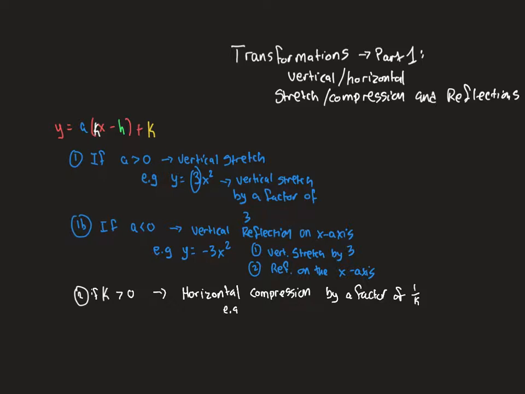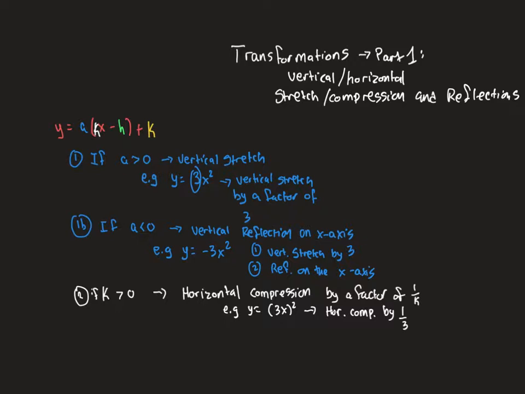So for example, let's say I have y is equal to 3x squared. Then I would have a horizontal compression by 1 over 3. Okay, so notice the difference here. When I have a whole number here, it's a stretch. When I have a whole number here, it's a compression by the flipped term. Okay?